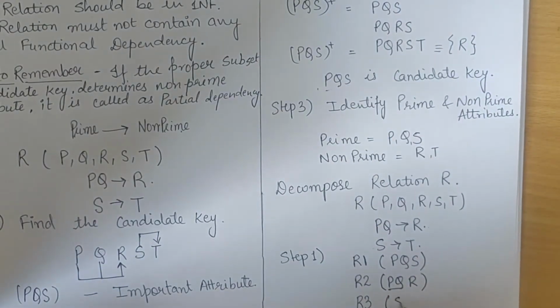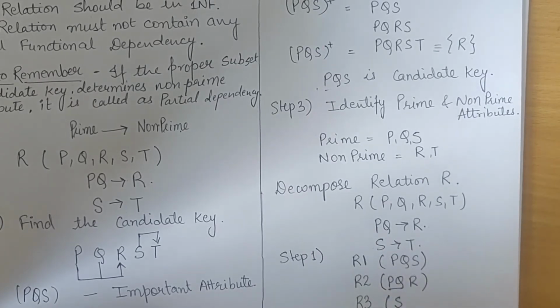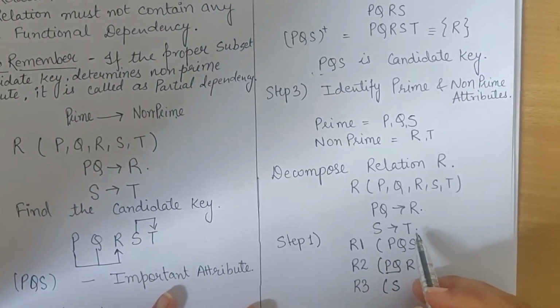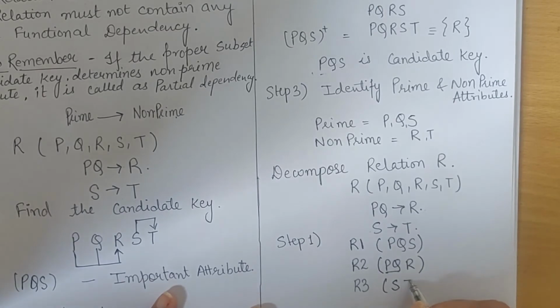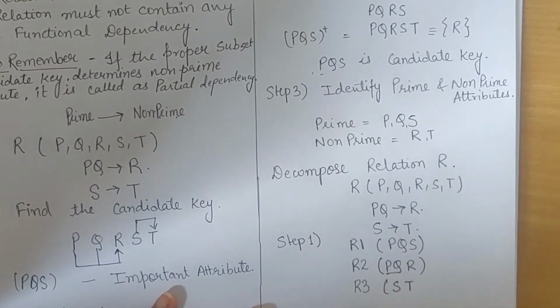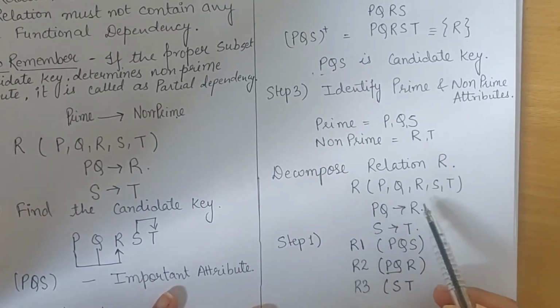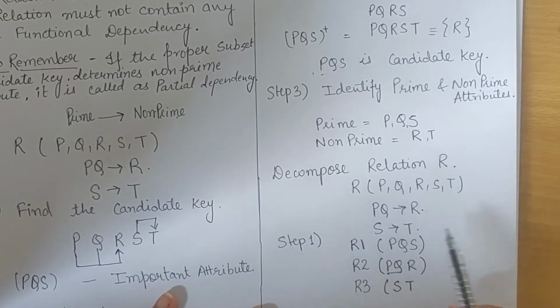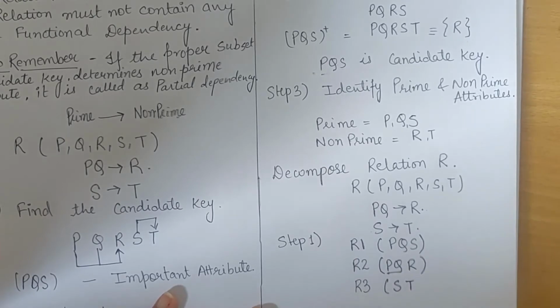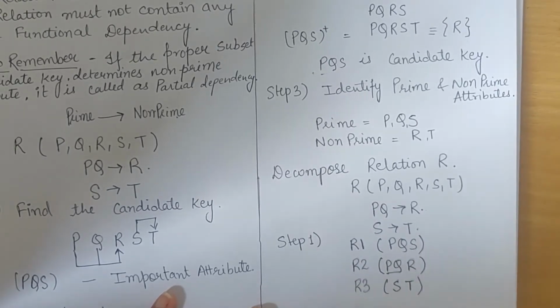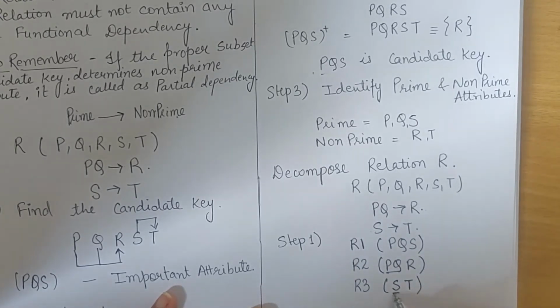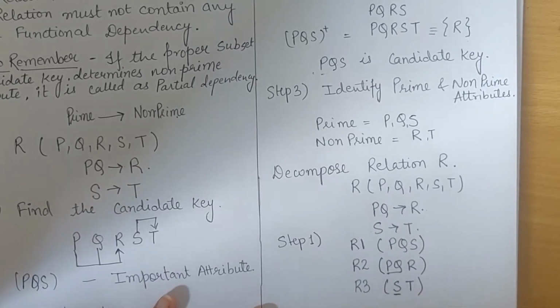So we will write this table for S, and whom is S determining? S is determining T. So T we will also accommodate here. Any other attribute which is determined by T? No. If there is any other attribute which is determined by T, that also we will accommodate here. But there is no attribute, so this table is done. And for this table we will make S the key.